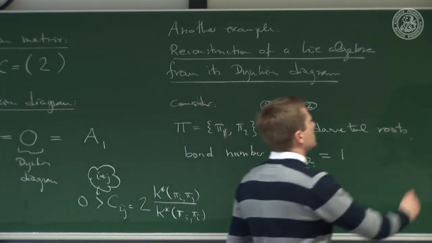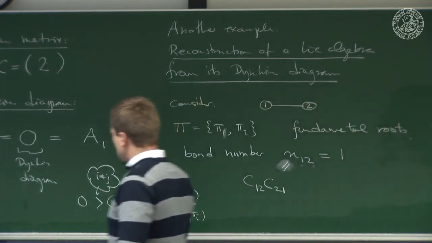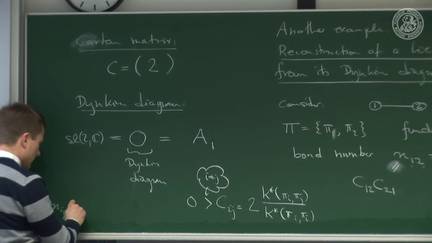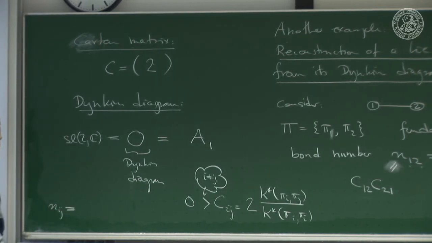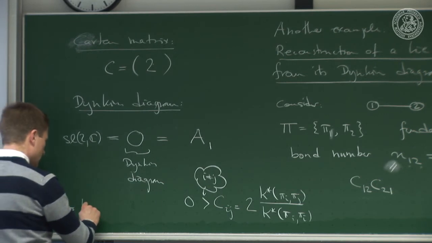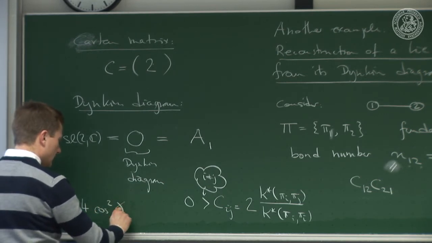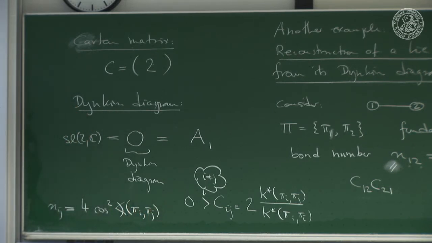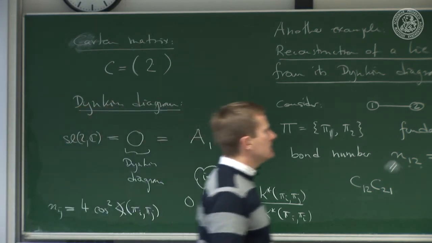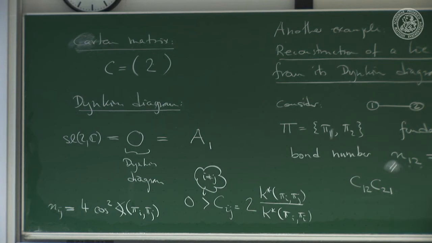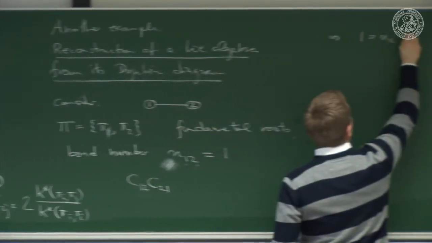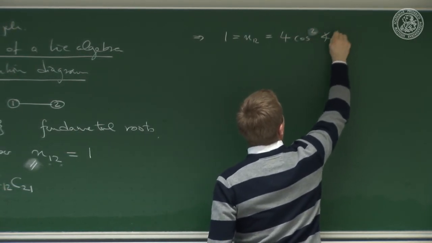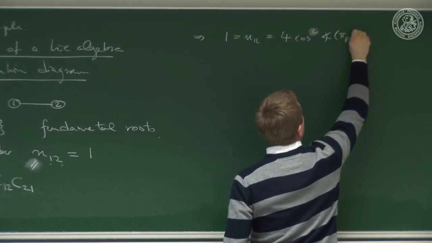And we also found that n_ij was equal to 4 times the cosine squared of the angle between the ith and the jth fundamental root. So that means in our case we have 1 equals n12 equals 4 times the cosine squared of the angle between our 2 fundamental roots.